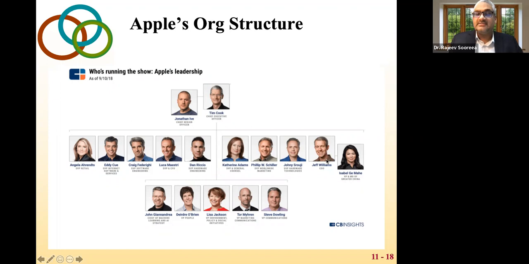So you can see that this organization structure has a lot of direct reports, and also those people who are reporting to the CEO have some direct reports of their own, which means there are indirect reports to the COO and the CEO.